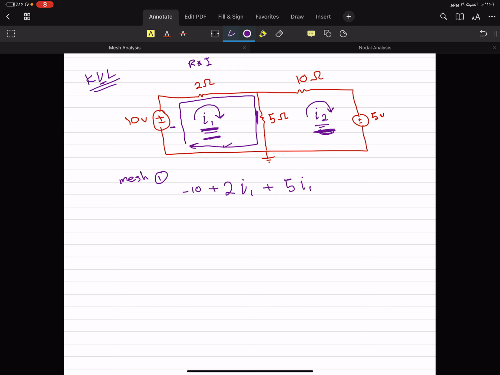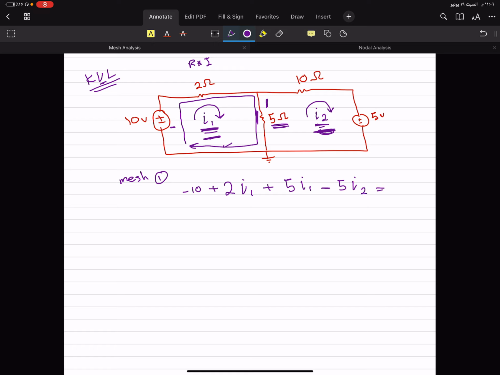Now, are we finished? No, you have to put something important, because this 5 ohm also has a current passing through it. What current is passing through it? I2. But I2 is the outer loop, not the inside loop, so for the outer loop I'll put a negative sign: minus 5 I2.